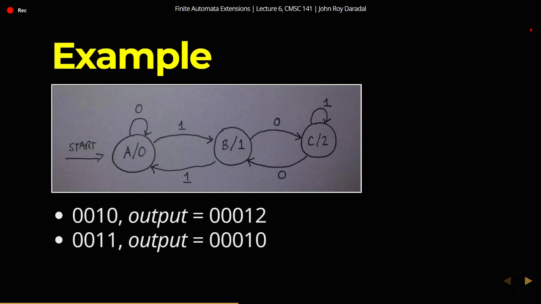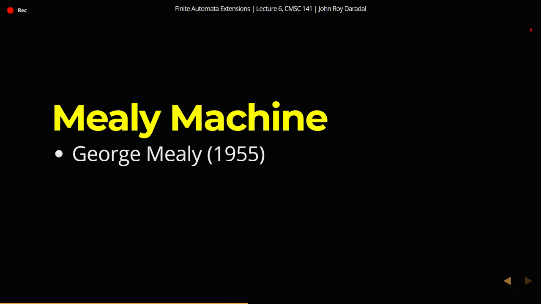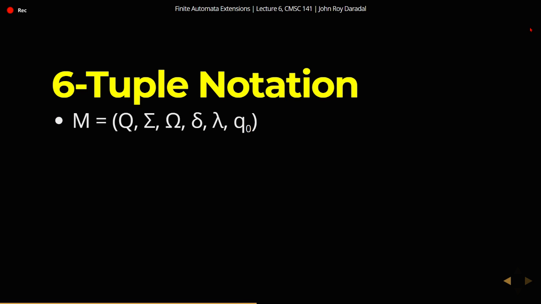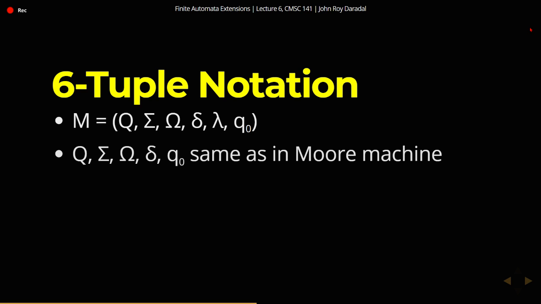Okay, so that's it. Now let's go to the second finite automata with output, which is the Mealy machine. This was created by George Mealy in 1955. For the Mealy machine, the outputs are associated with its transitions. It also uses a tuple notation, which has the same ingredients as the Moore machine.